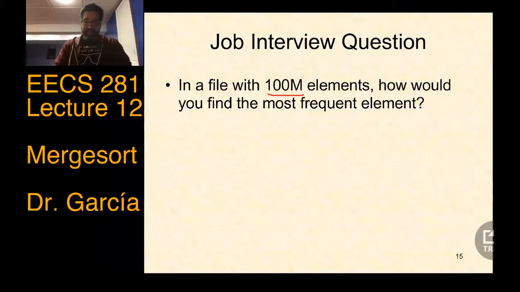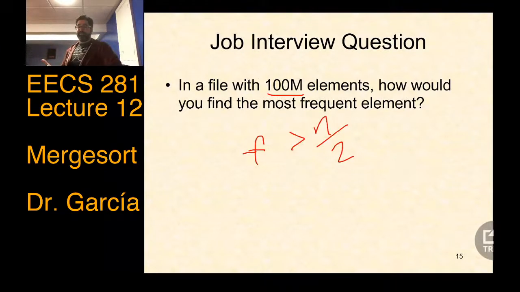It's basically under the assumption that the most frequent element, I'm just going to write F for frequency. If the frequency is greater than n over 2, where n is, in this case, 100 million.